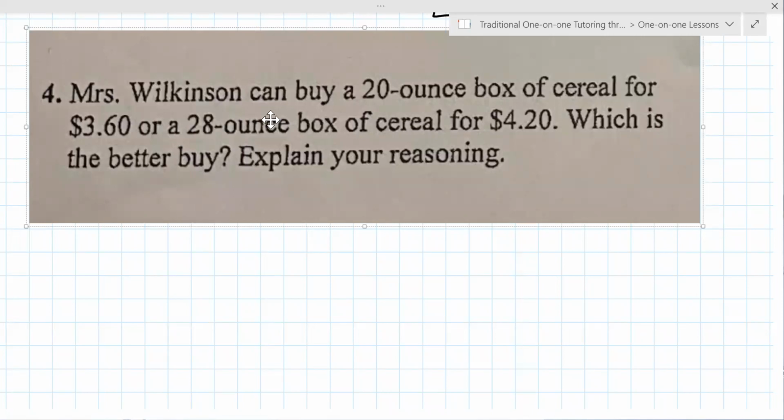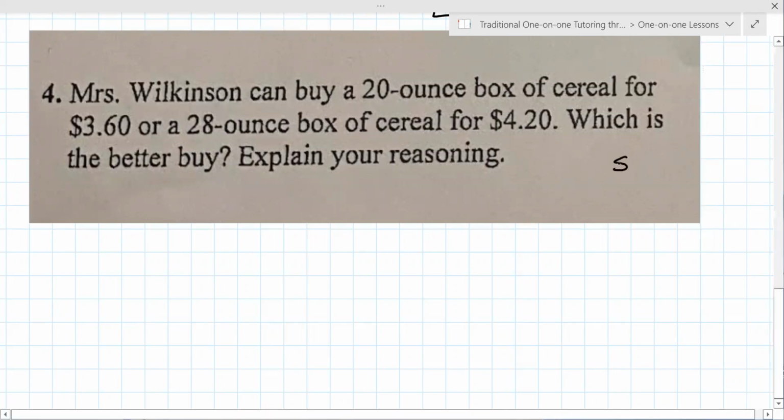All right, so if you've ever been to the grocery store or looked at any of the prices, they always give you the dollars per ounce. Maybe you've even seen that. So you have to take the cost, $3.60, and divide it by the number of ounces.